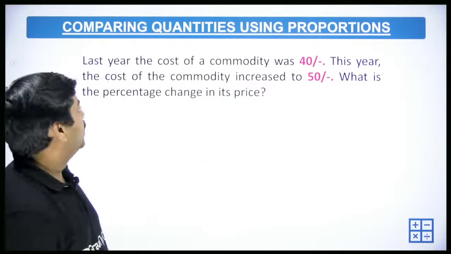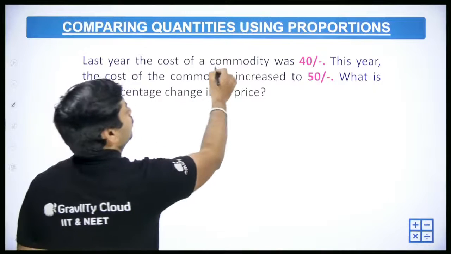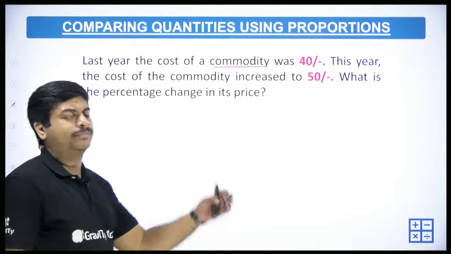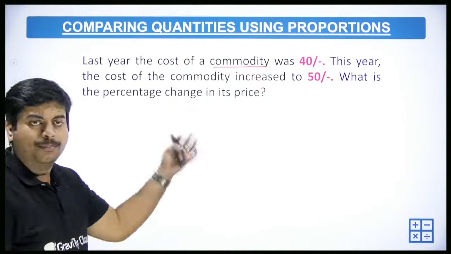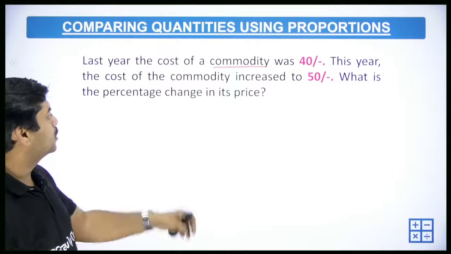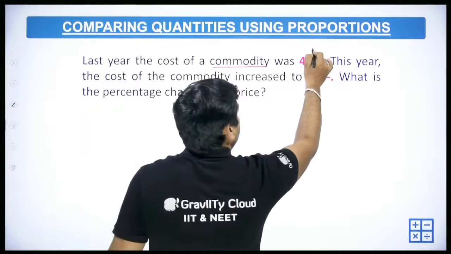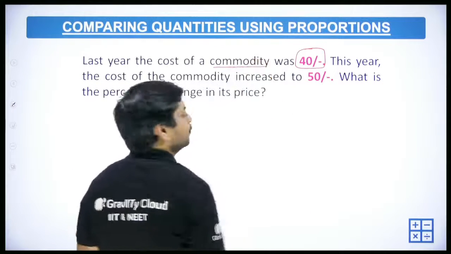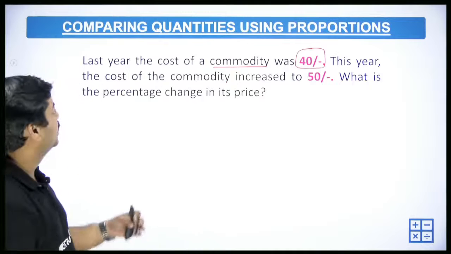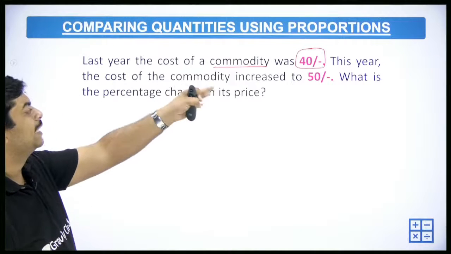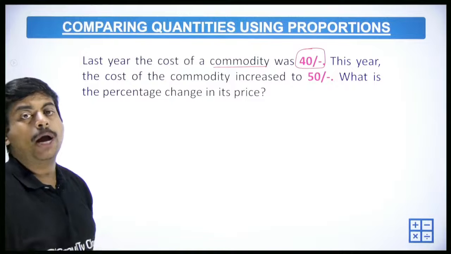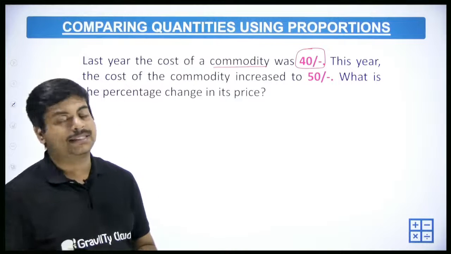The cost of a commodity means some unit, let's say a box, a pen, or a ball. Let's say last year the cost of a ball was 40 rupees. This year, the cost of the same commodity increased from 40 to 50. We need to give 50 rupees now to purchase that.